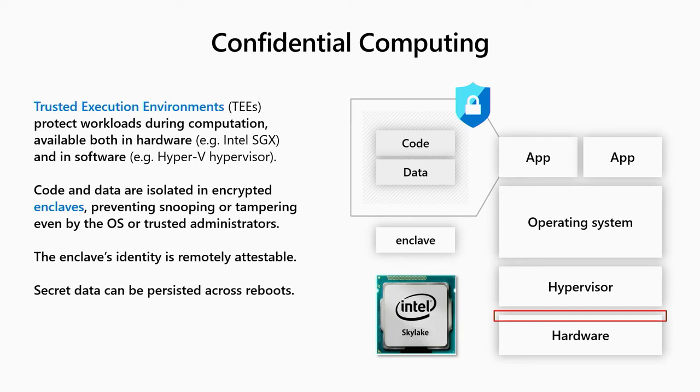We've built an SDK for creating enclave-based applications, ones where part of the code runs outside the enclave, the untrusted part that can be exposed to the outside world, and then the trusted part, the part that you want to be able to process data in a confidential way.